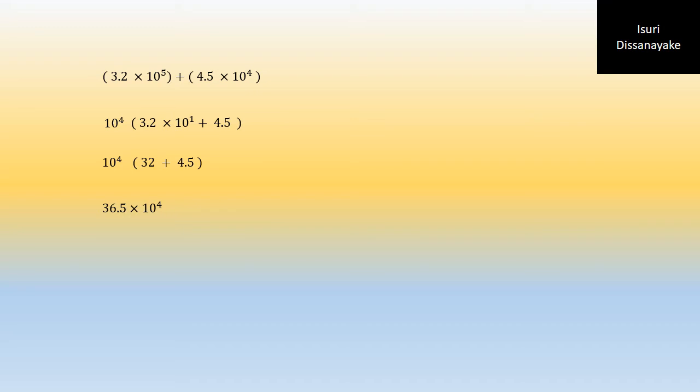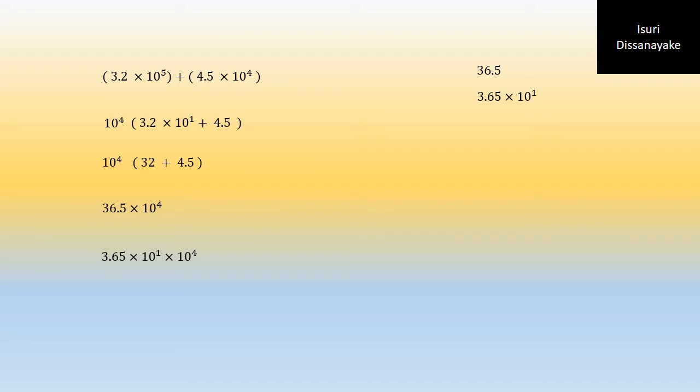Therefore, 36.5, let's write it in standard form. That is 3.65 multiplied by 10 to the power 1. Because 36.5 multiplied by 10 to the power 4 is not in standard form, we write 36.5 in standard form, then let's link it with 10 to the power 4.